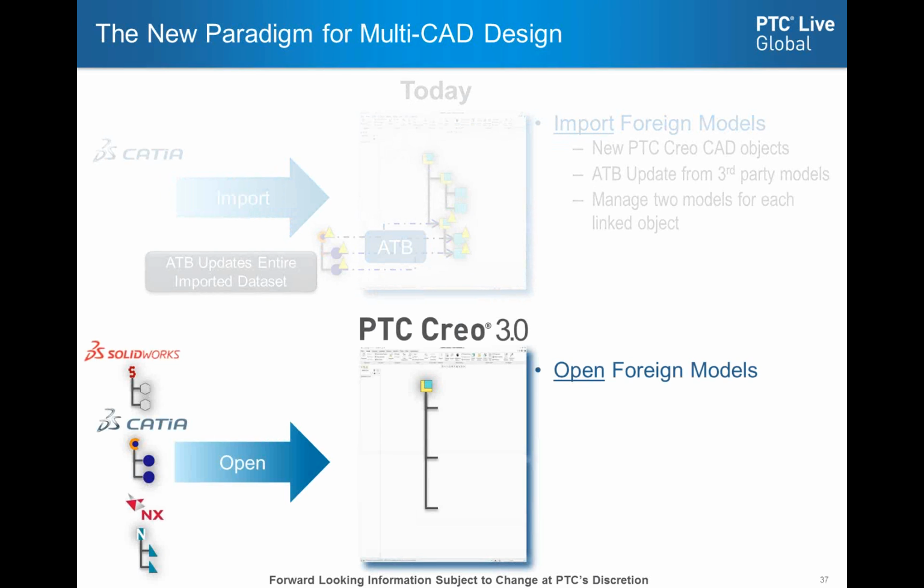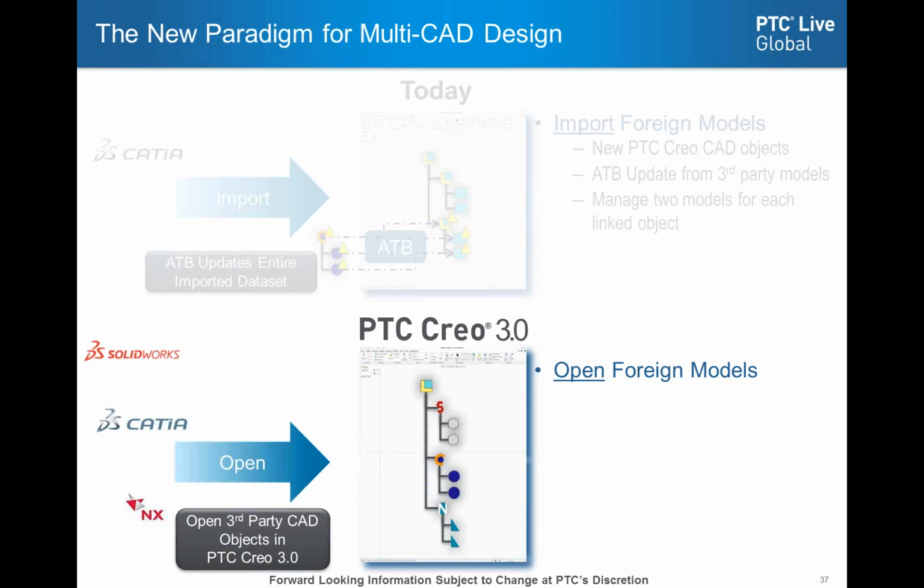In Creo 3, what we're going to be able to do is directly open up foreign data. So we're not going through an import process. We're going to be able to say File Open, select CATIA, NX, SolidWorks data, and it will be represented inside the Creo environment as native SolidWorks, CATIA, or NX data.